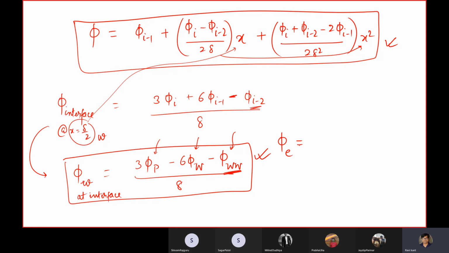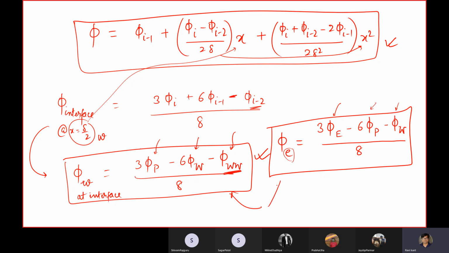We can estimate it in similar fashion, and we get 3 phi capital E minus 6 phi P minus phi W. You can see this E is being estimated by not only the average of two faces but the neighboring node as well. This is divided by 8.